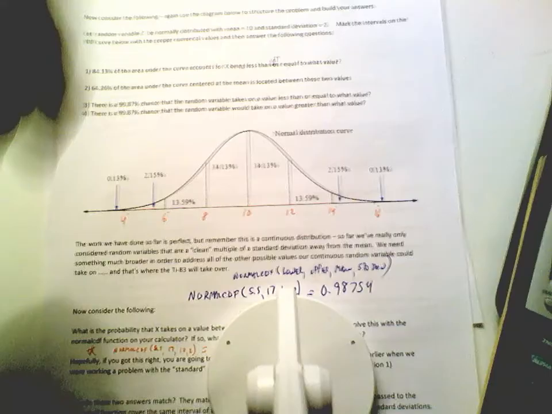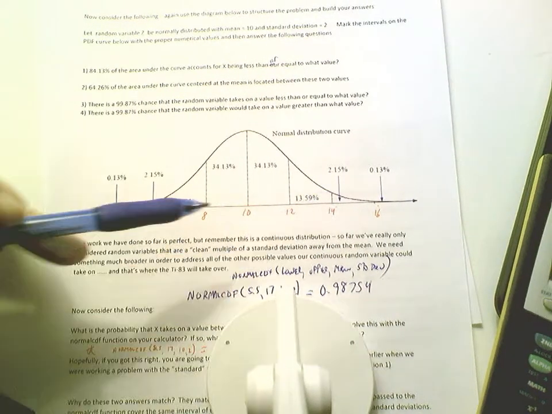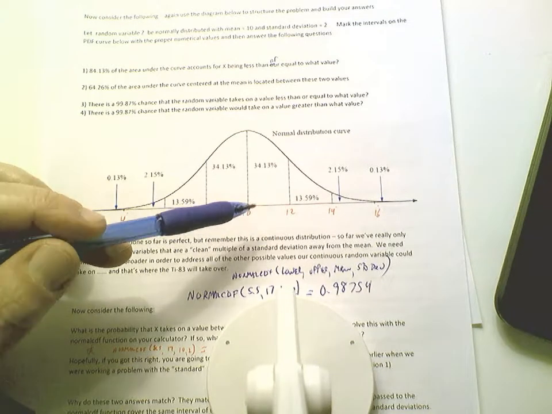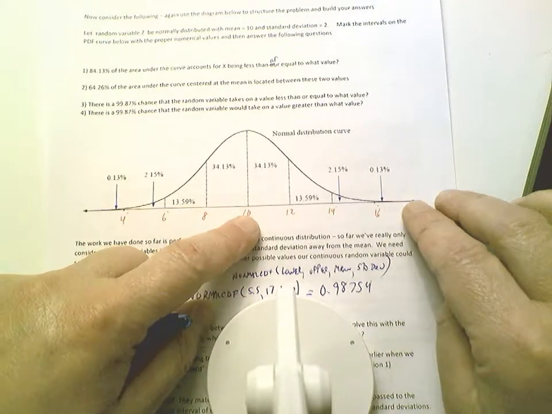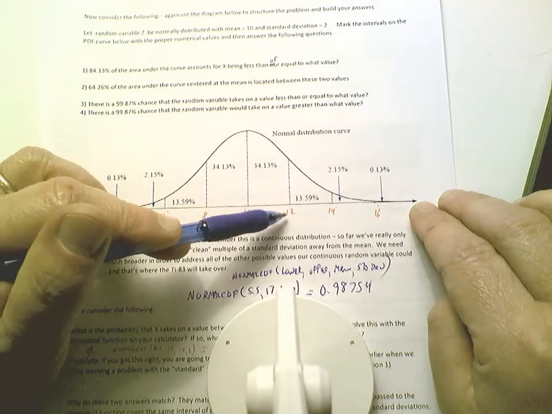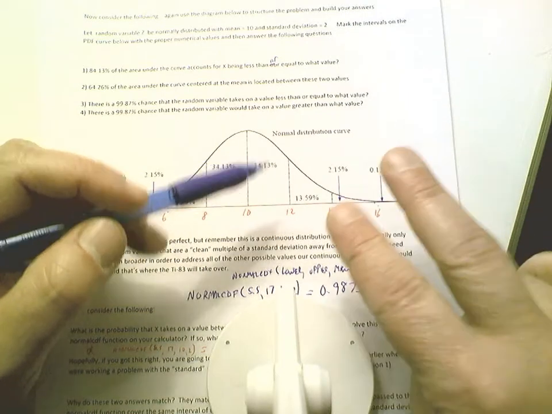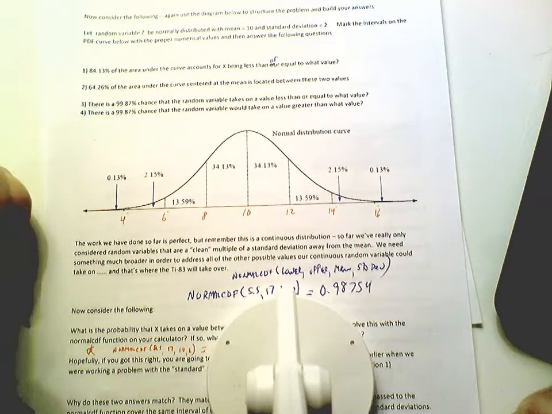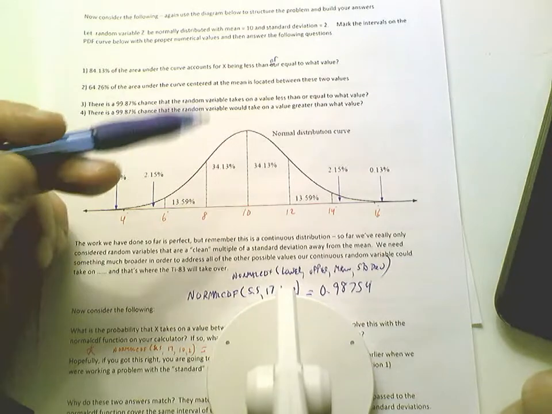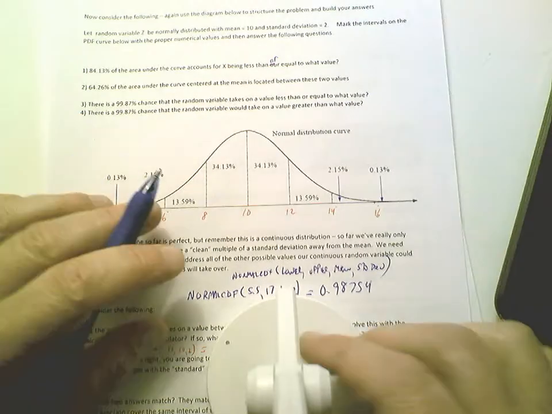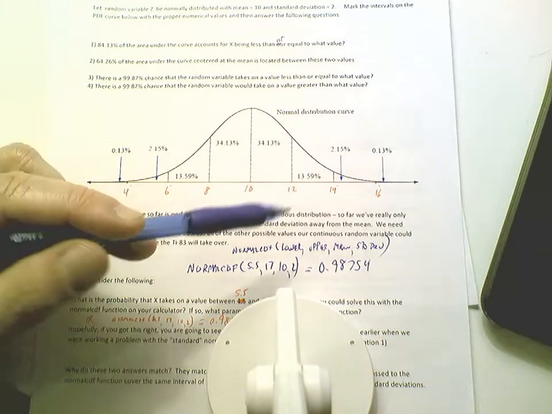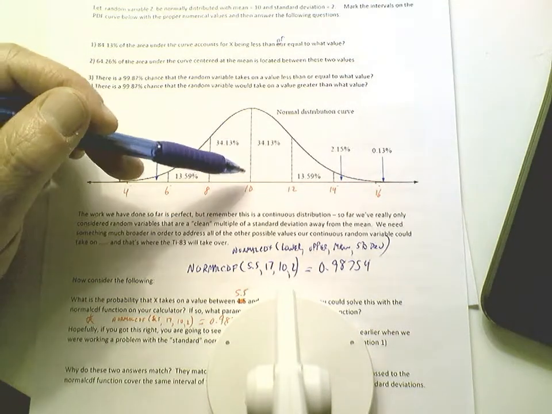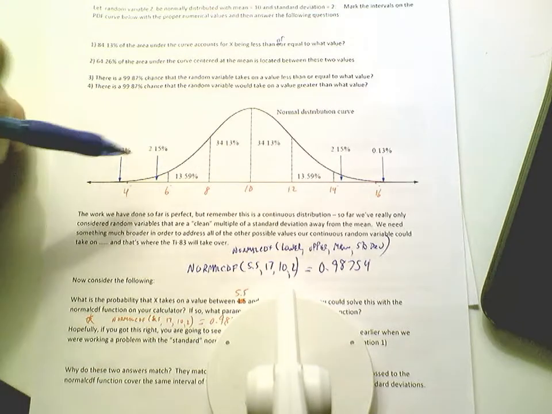The value 17 is how far away from the mean? It's a distance of 7. How many standard deviations is represented by 7? Well, each standard deviation is 2 units. 7 divided by 2 is 3.5. 3.5 standard deviations above the mean. 5.5, when I take that, subtract it from 10, I get 4.5.